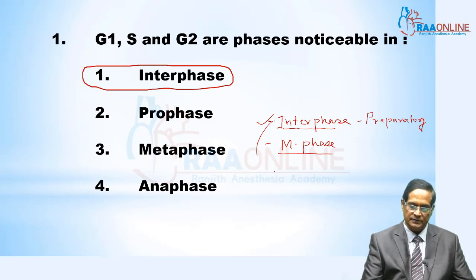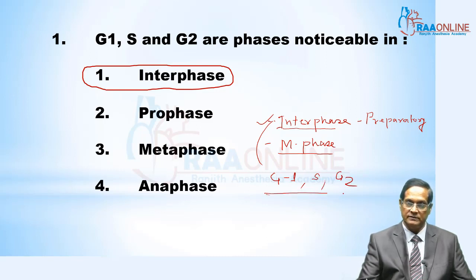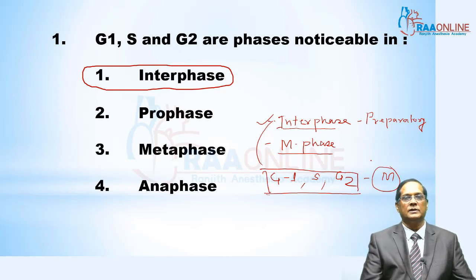The interphase is further divided into three subphases: G1 phase, S phase and G2 phase. If we include M, these first three are the phases of interphase, and the second is the actual M phase in which we see the clear division of nucleus plus cytoplasm.